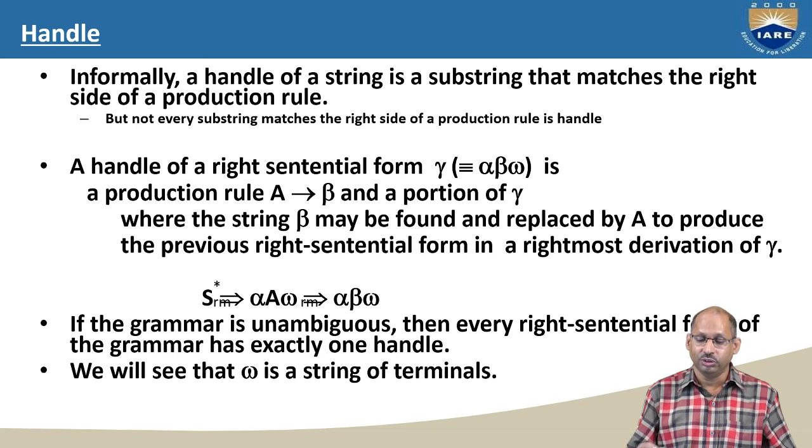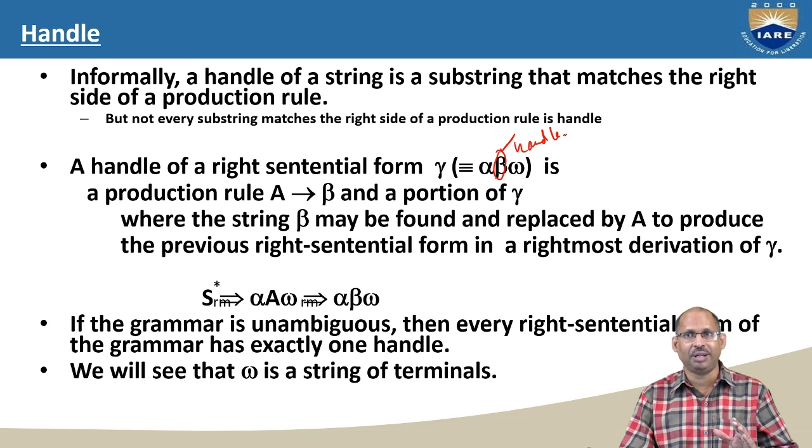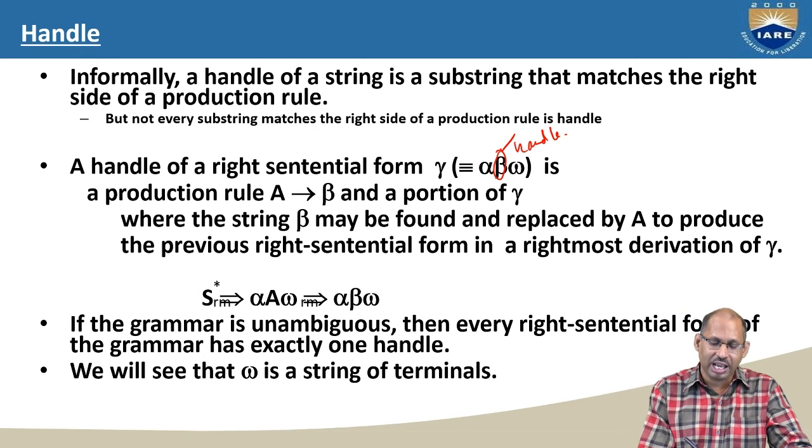Right? So here the beta we refer to as handle, which results in one step to the previous step in the rightmost derivation. So here S gives alpha A w, which results in alpha beta w.